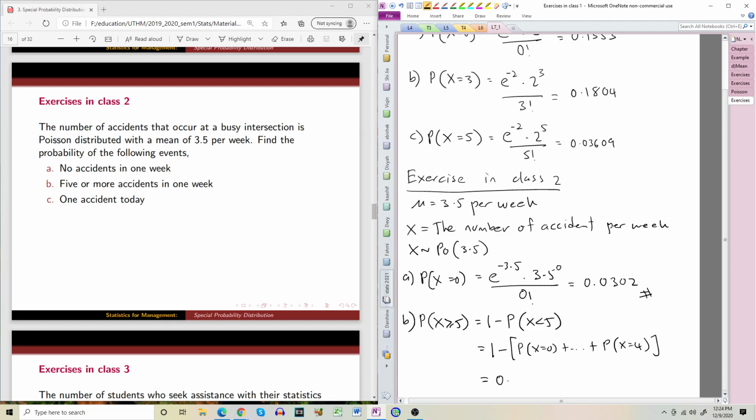If you do this, you will get 0.2745. That is B.